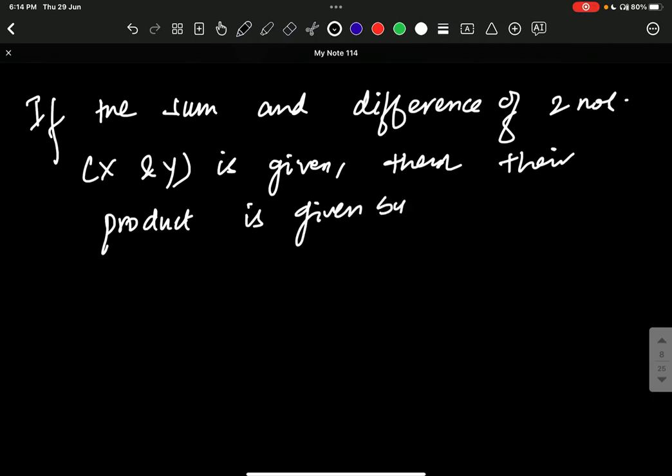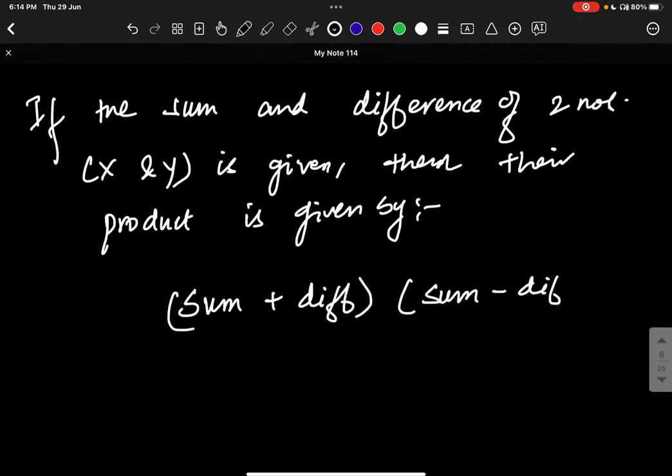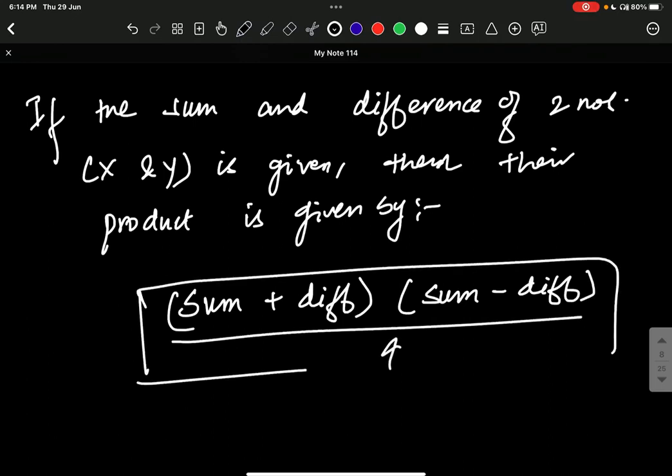And it is given by how to calculate the product when the sum and difference of two numbers are given. There is a direct formula you people should be knowing, that is sum plus difference into sum minus difference divided by 4. Now this is the formula for calculating it.